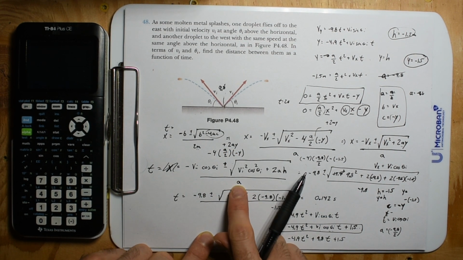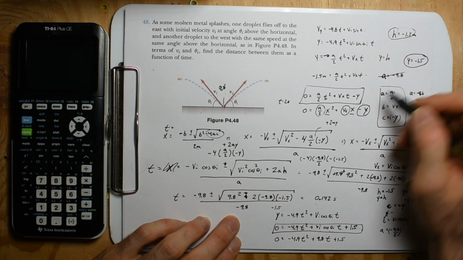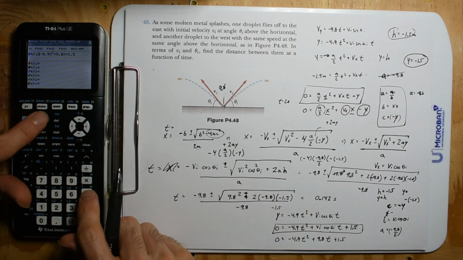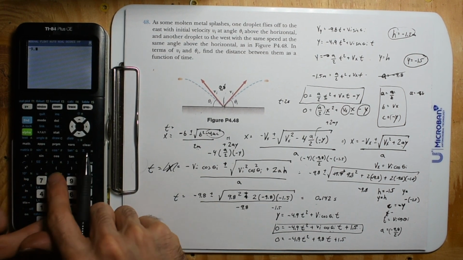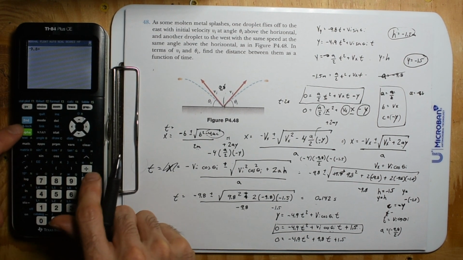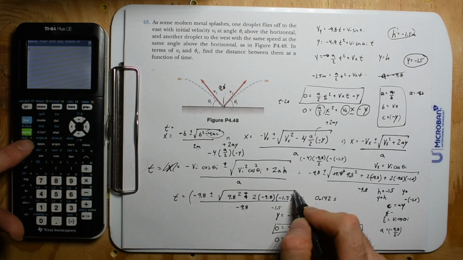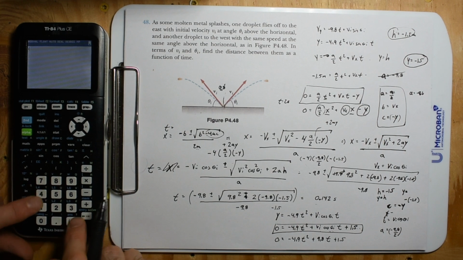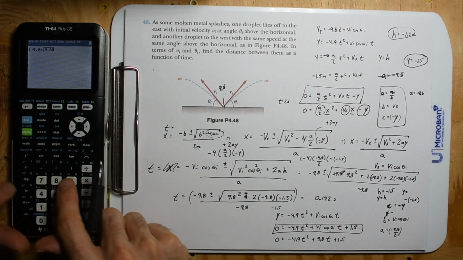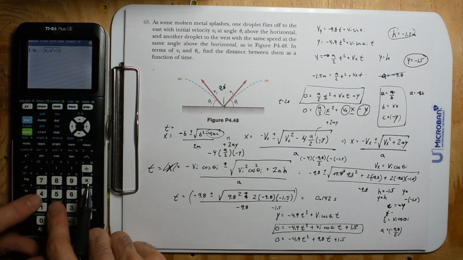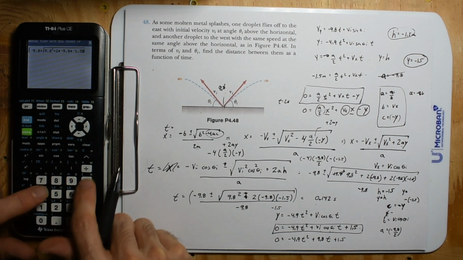Then when we divide by 2a, that's 2 times that, so it's just a, which is negative 9.8. I'm going to do the parentheses first because we have to divide all that by negative 9.8. Negative 9.8 plus the square root of 9.8 squared plus 2 times negative 9.8 times negative 1.5, divided by negative 9.8.